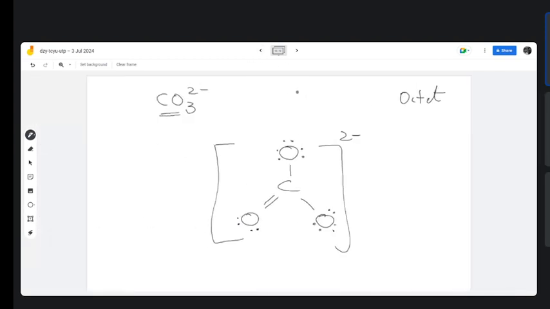Just write Lewis dot structure and copy. Let me know once you get done with this. I'll go to the next slide.